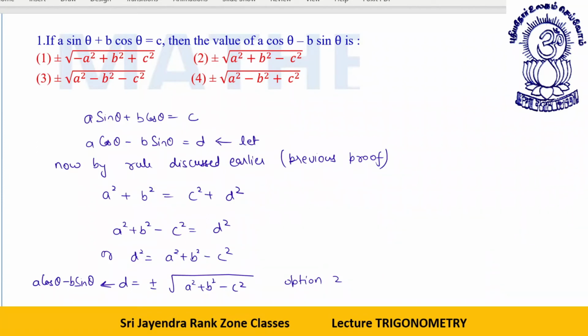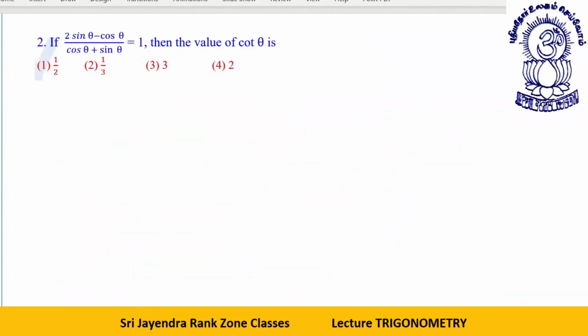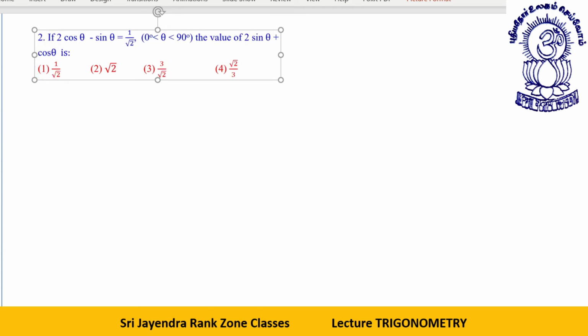Let's take the next question, and we will do it at a very fast speed now because you know what to do directly. You just have to apply some values and you will be able to solve the questions. We are at a very quick pace. So the next question. You have 2 cos theta minus 1 sin theta is equal to 1 by root 2.